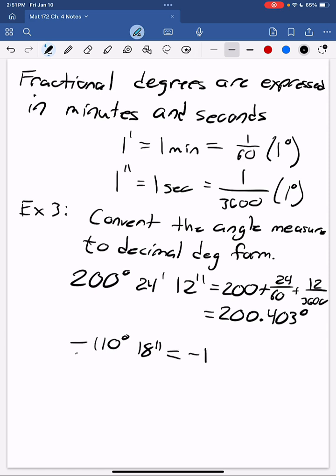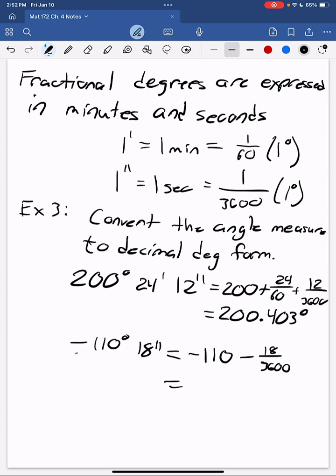I'm going to say negative 110 degrees minus 18 over 3,600, making sure that the angle lies between negative 110 and negative 111.